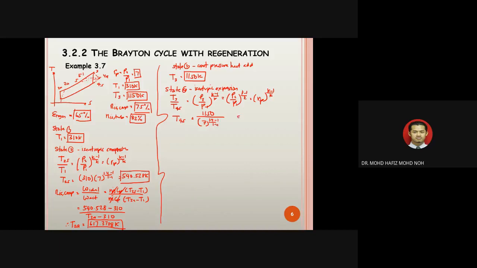Eventually you will get the value of T4S equal to 659.5402.